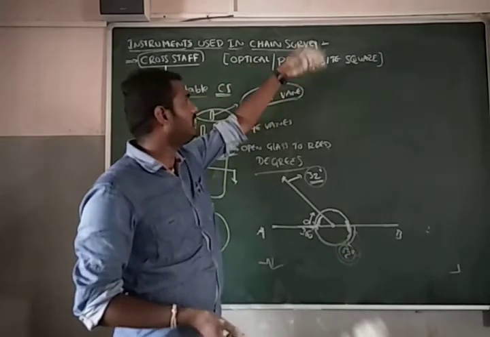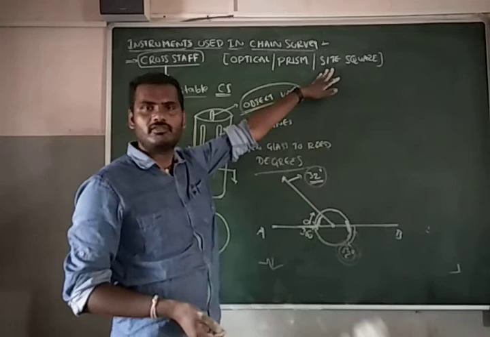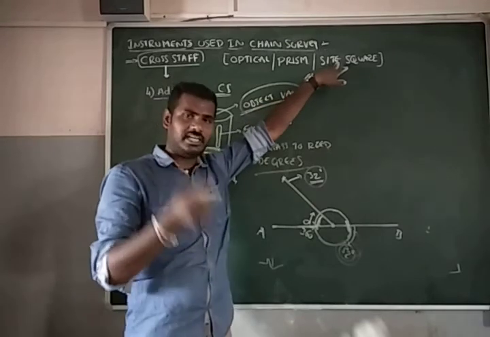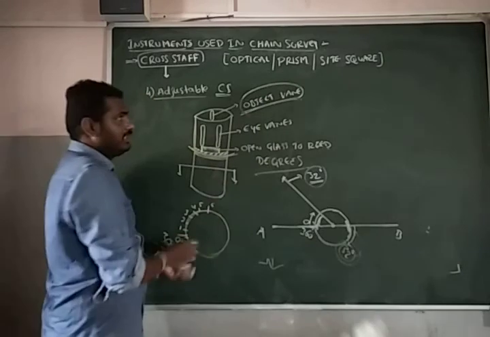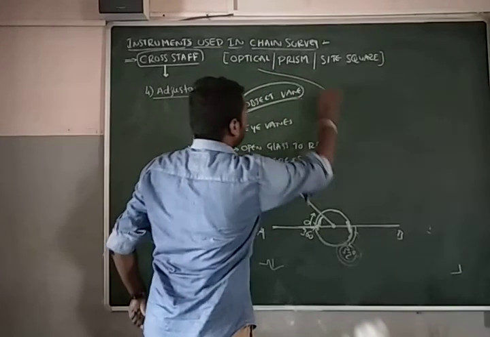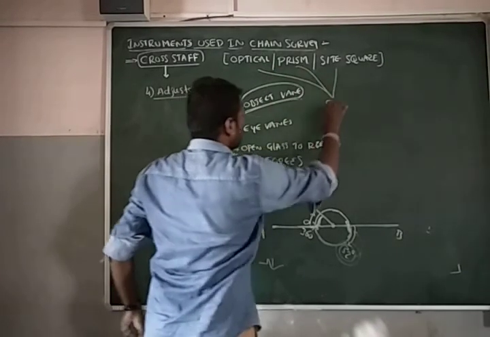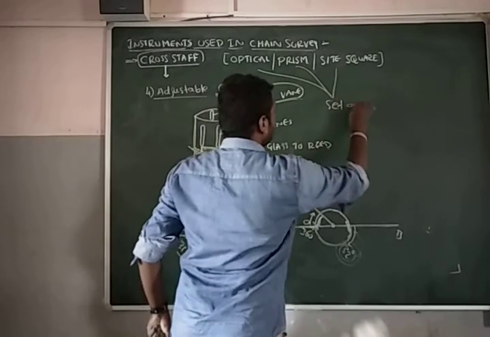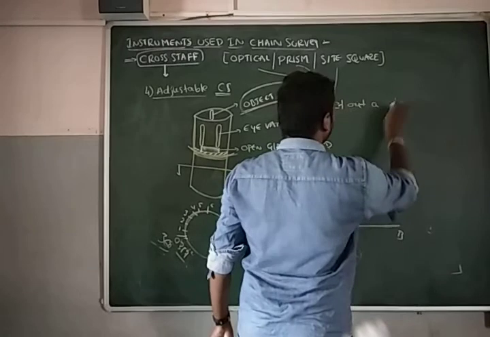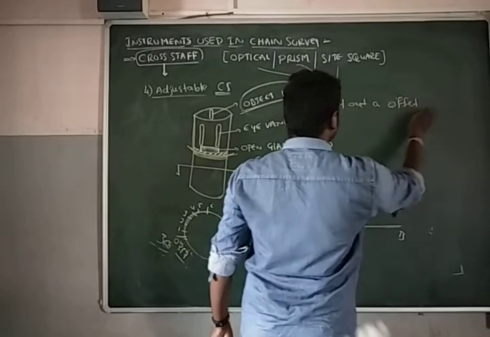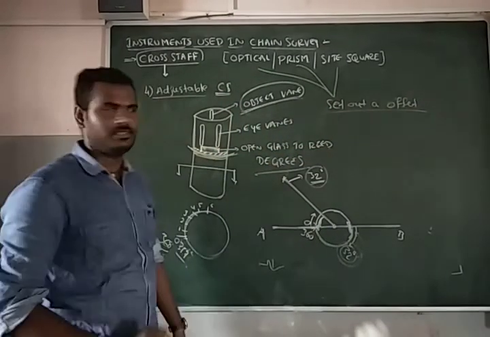These 3 different types of equipments are useful to erect a perpendicular, and are also useful to set out an oblique offset.